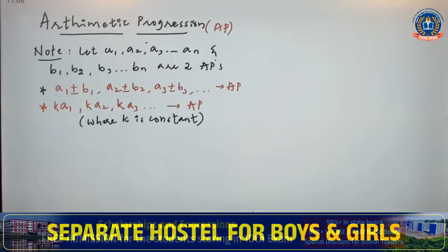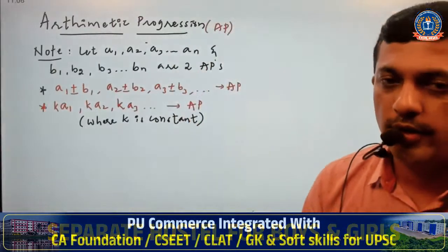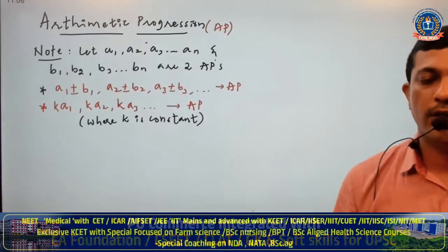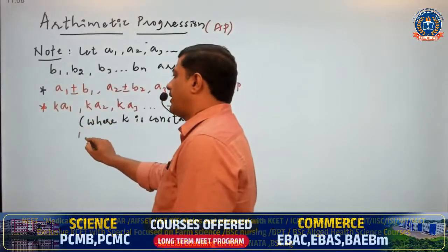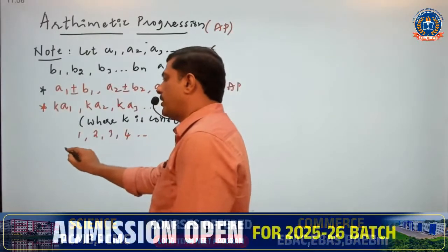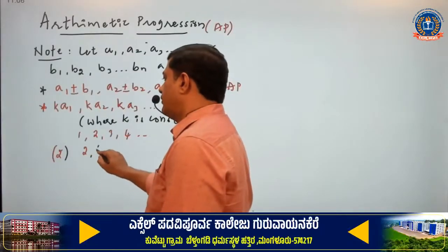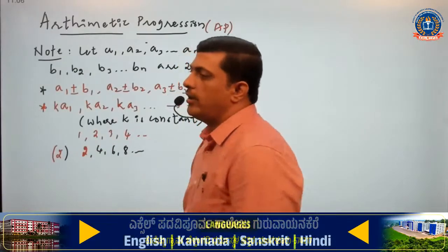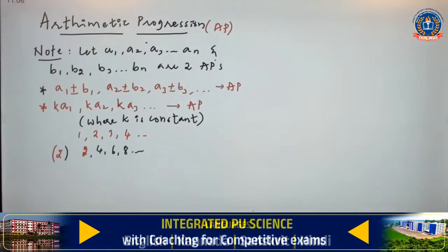If K is a constant and we multiply every number of that series, then the answer we get is also an AP only. For example, assume that we have an AP 1, 2, 3, 4. If I multiply by 2, then it is 2, 4, 6, 8. So automatically 2, 4, 6, 8 is also an AP. So this is what you need to understand here.